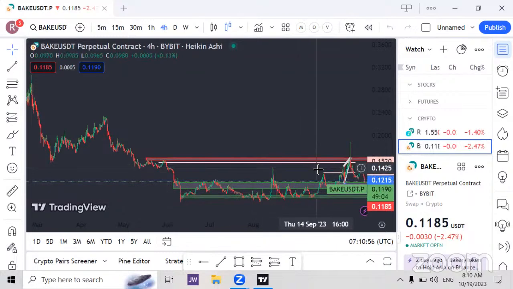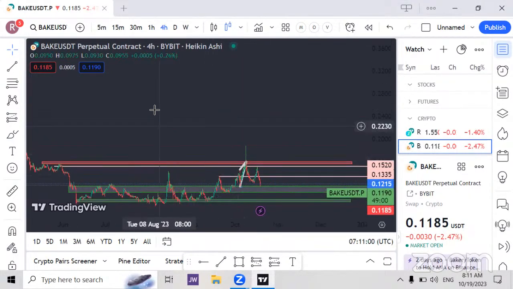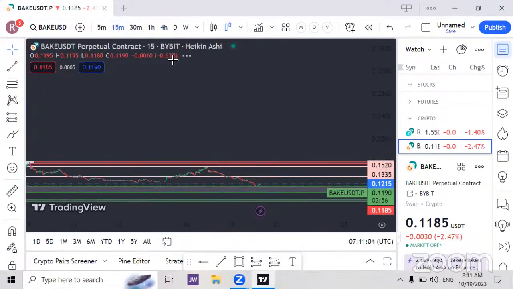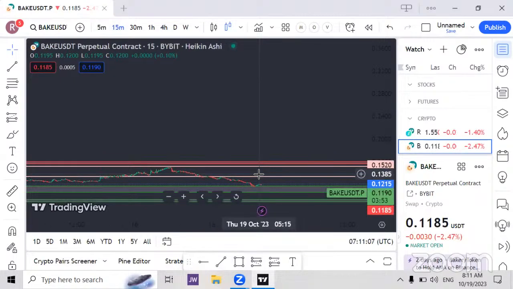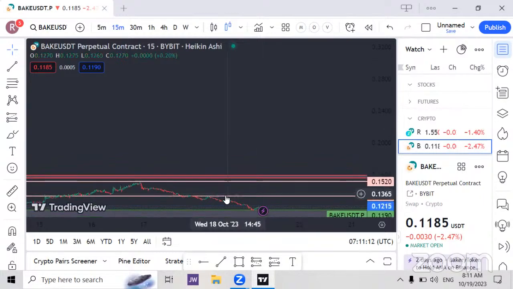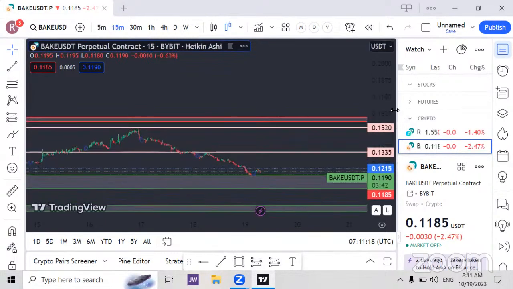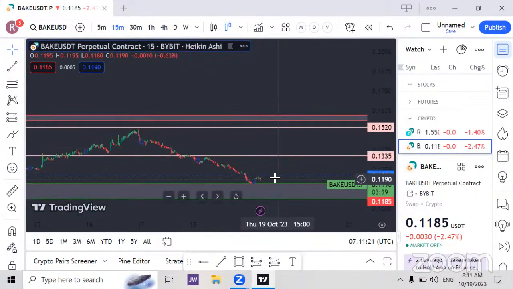Okay, sir. Can you see the screen? Yes, I can. This is in 4 hour time. I'm putting it in 15-minute time frame right now. There is a support here. Let me make it big. I'm already in trade in this particular entry here.